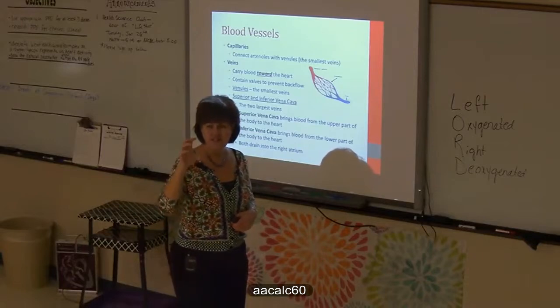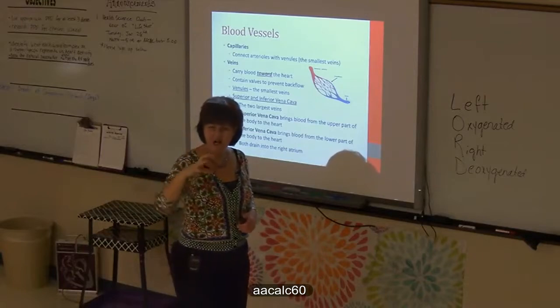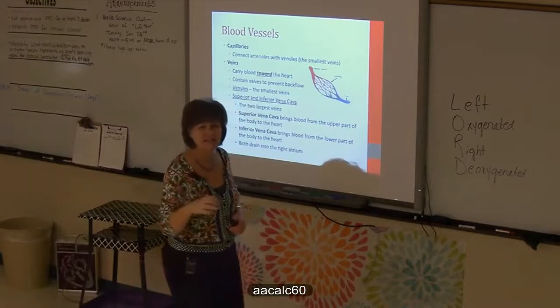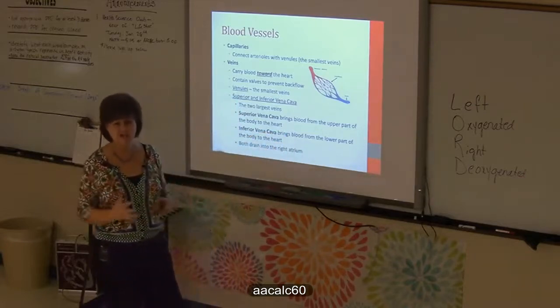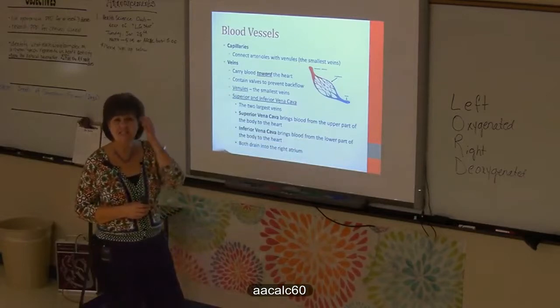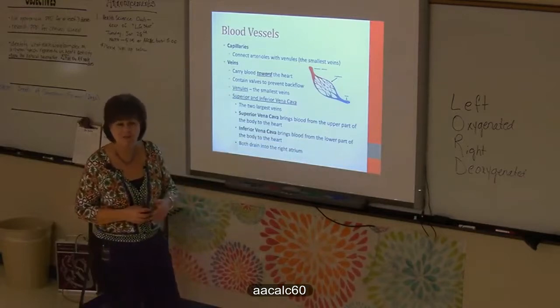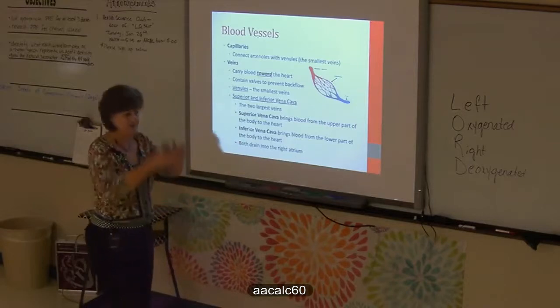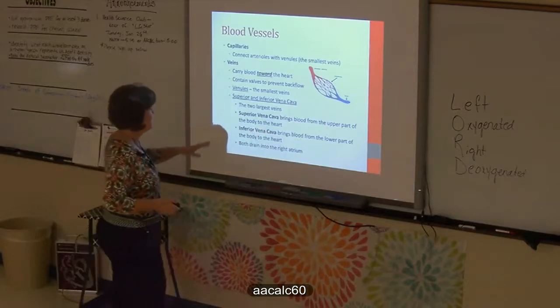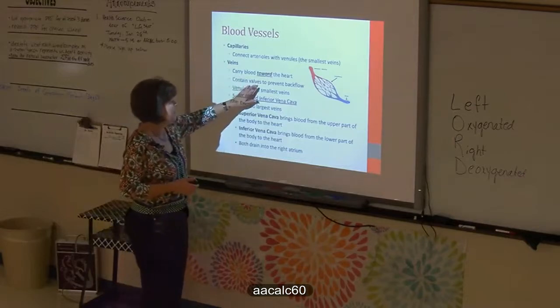Arterioles or arteries have a muscular layer, and they can hold their own. They can push blood all they need to. But veins kind of need the help of your leg muscles and everything else to get the blood flowing. So it tends to backflow if you don't have valves. It pushes it up and then it rests against the valve, and pushes it up and rests against the valve.